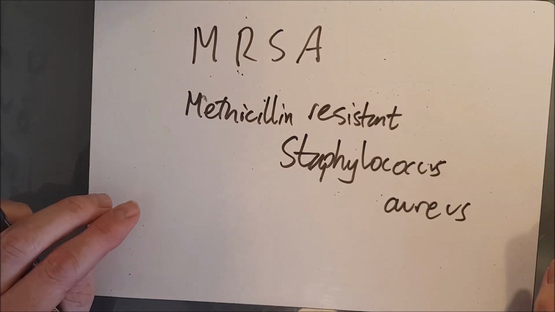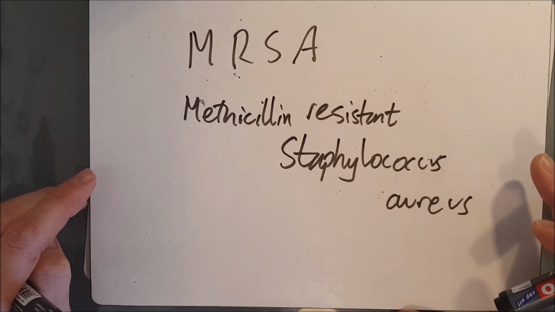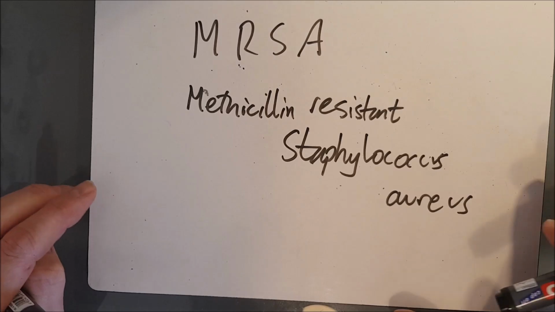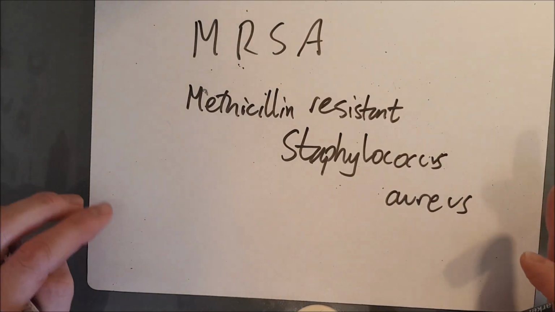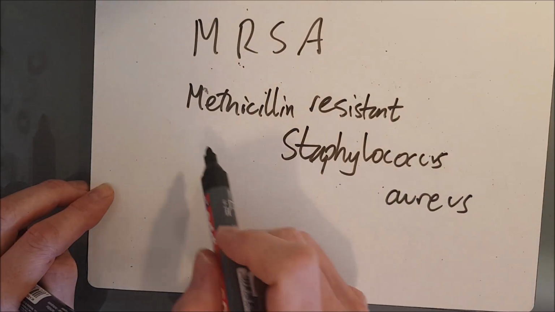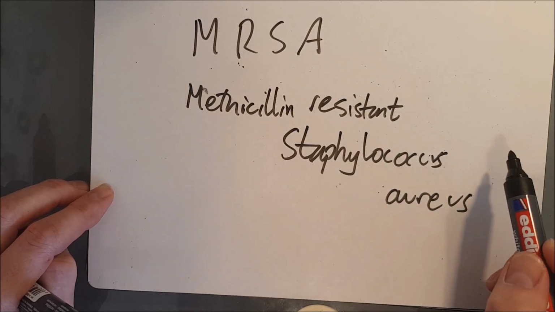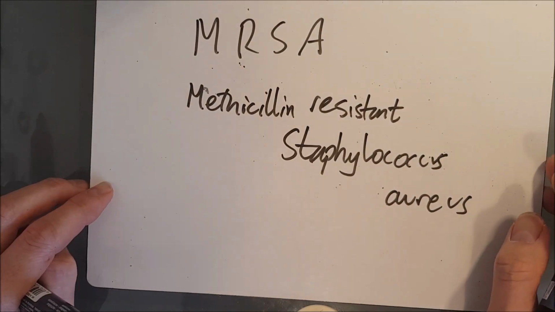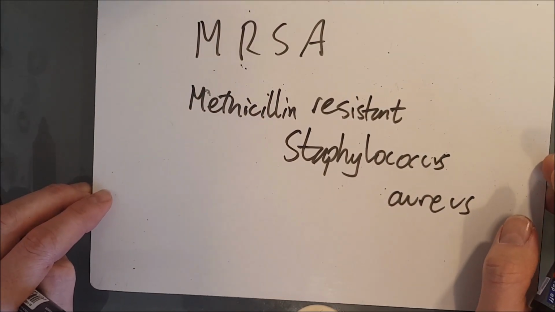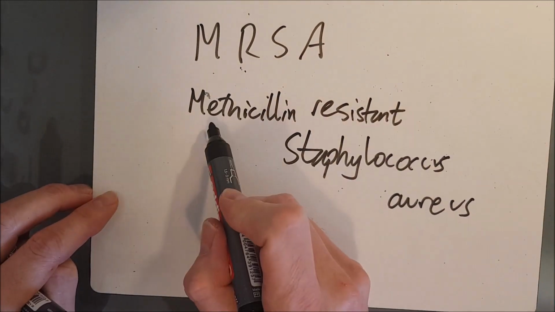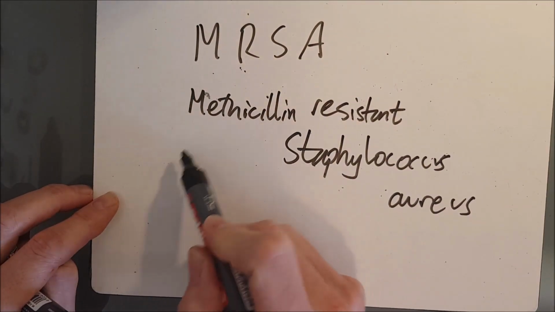It causes spots and things like that. But if it gets under your skin through your barriers, it can cause really nasty subcutaneous, i.e. under the skin infections. And if it's resistant to lots of antibiotics, that can be real problems to treat in hospitals. And sometimes it's not just called methicillin resistant, it's called multiply resistant.